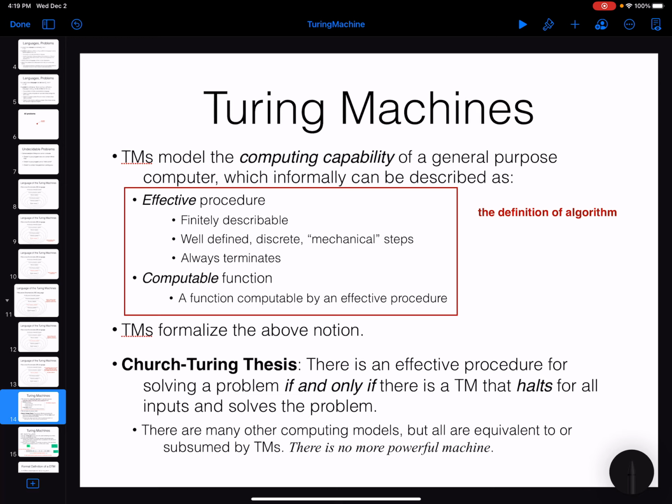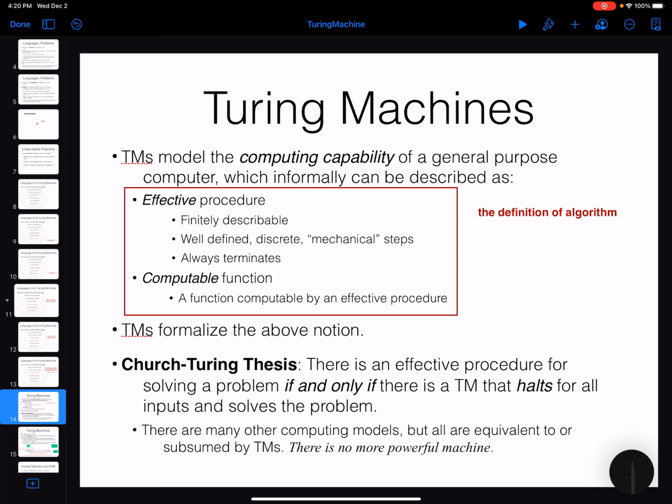If I wanted to give you a more formal definition of an algorithm, so what is an algorithm? So far, informally, you just know it as a sequence of instructions that you can translate to some programming language and give to a computer to execute, right? So this is an informal definition of an algorithm.